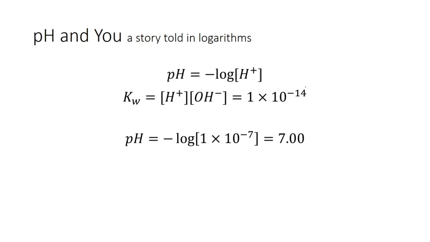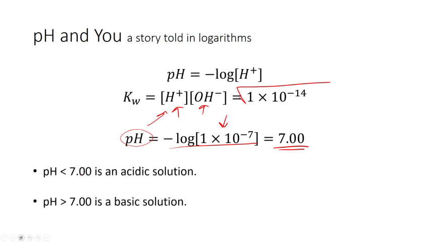We know that if we take the square root of this, we're going to get 1 times 10 to the negative 7, which would be the concentration of both hydrogen and hydroxide. But in this case, because it's pH, we're only concerned with the concentration of the hydrogen ion, right? So we take the negative log of 1 times 10 to the negative 7, and surprise, surprise, it comes out as 7.